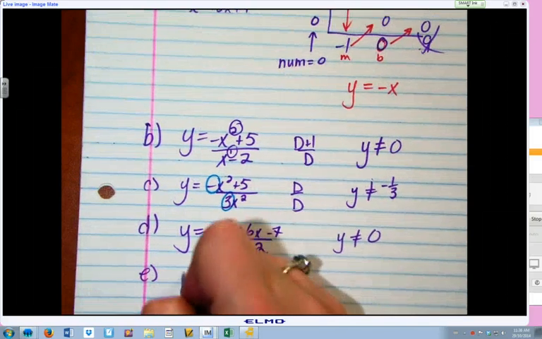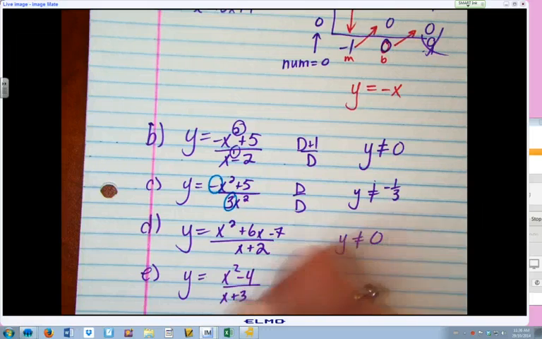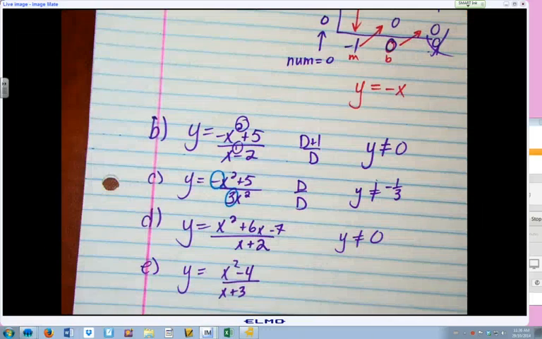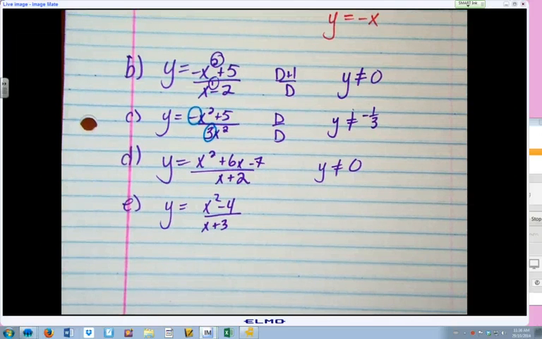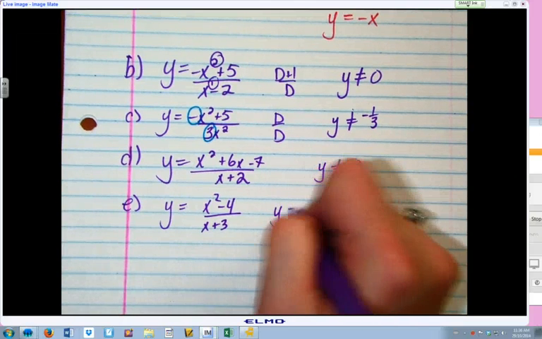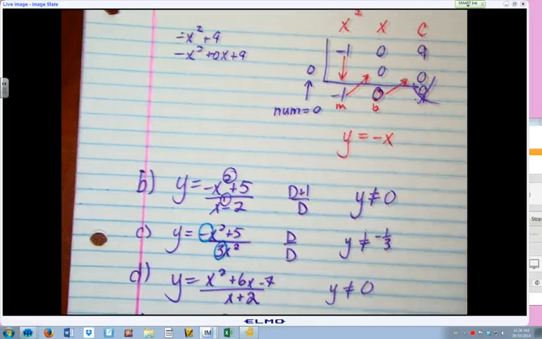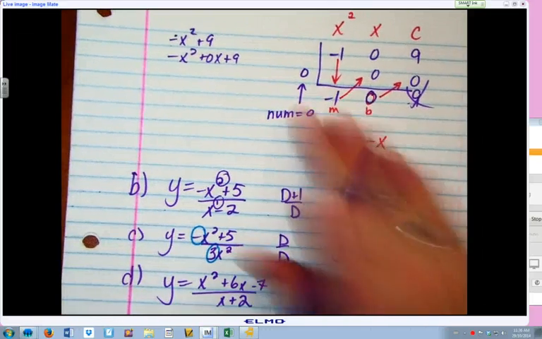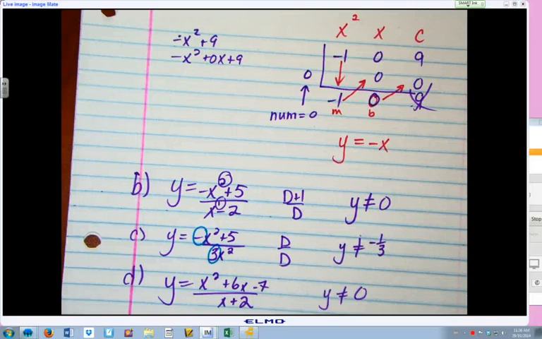Letter E. Degree on the top. Degree on the bottom. Situation. Y cannot equal 0. Are you okay with identifying which situation? I'm okay if you're not okay with this right now. I just want to know identifying situation 1, 2, and 3.